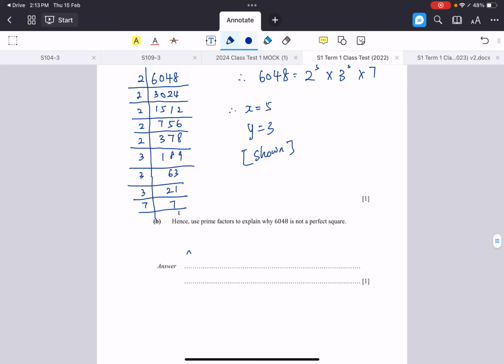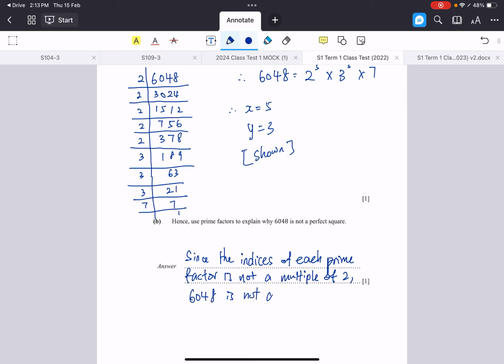Okay, so since the indices, right, indices is actually just the plural for index, okay, of each prime factor is not a multiple of 2, 6048 is not a perfect square.